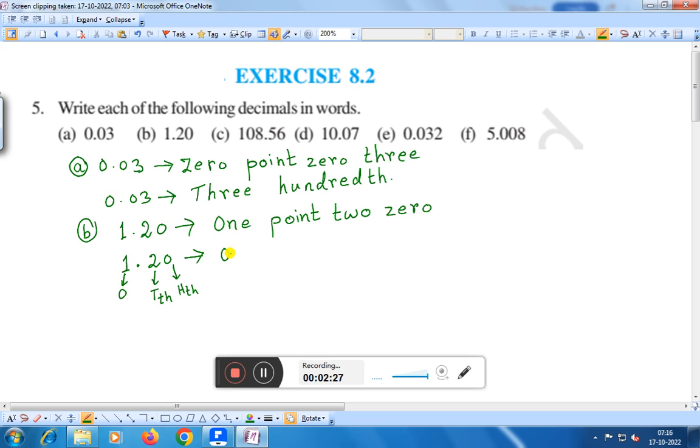Therefore you can also write as 1 ones, 2 tenth, 0 hundredth.